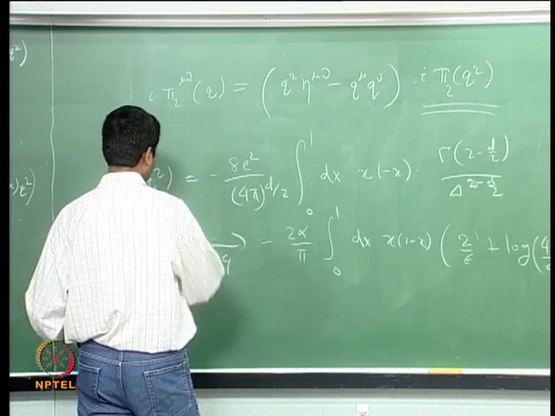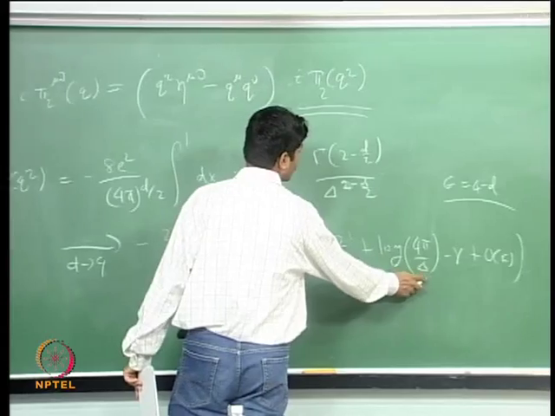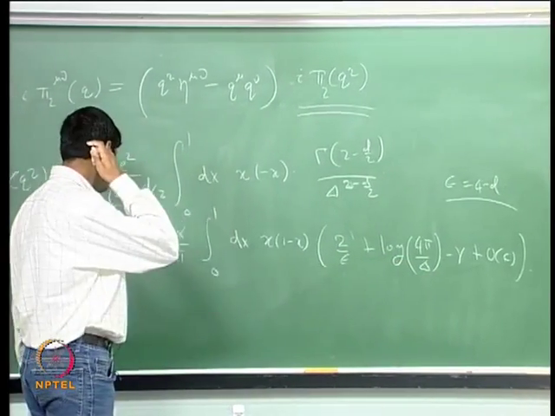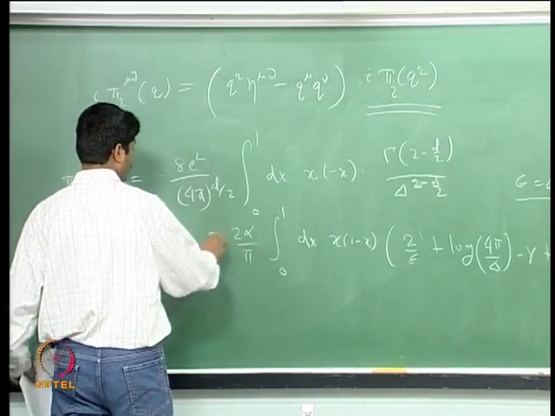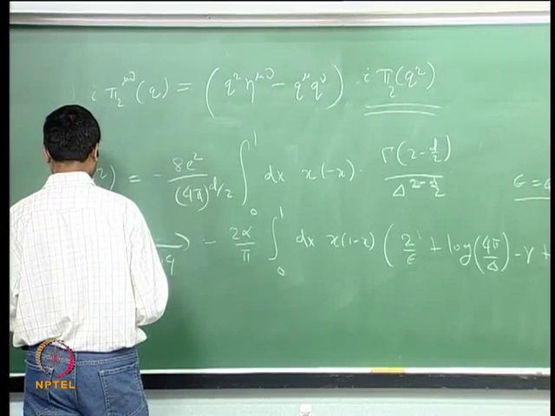You can see that pi 2 at q square equal to 0 is, so the q square dependence appears here in delta. It is simply given by some constant factor times 1 over epsilon, which is actually a divergent piece.